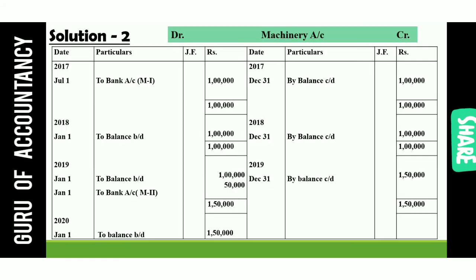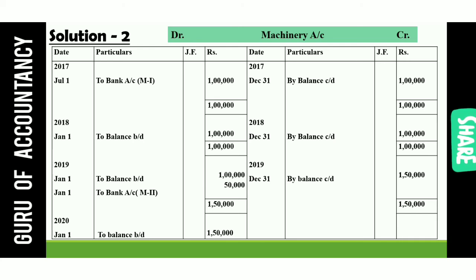Now, when you prepare the machinery account, on the debit side you will write only to bank, because our first entry was machinery account debit to bank rupees 1 lakh. Nothing else will come in this machinery account, because only in the first entry does the machinery account come.